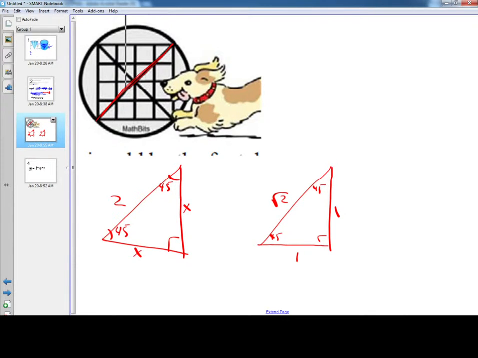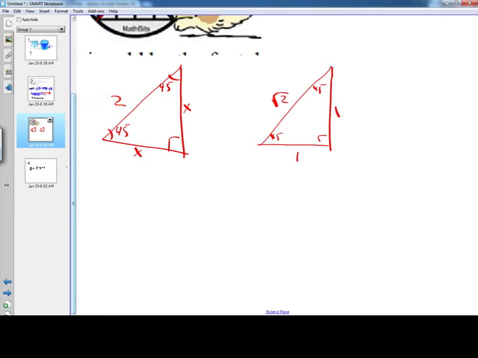And I need that length, don't I? Because that's the master length for all the verticals and horizontals. I know the proportions of a 45, 45, 90. This one's bigger, obviously. So how can I find x? Starts with an R: ratio. Yeah, good job, ratio.